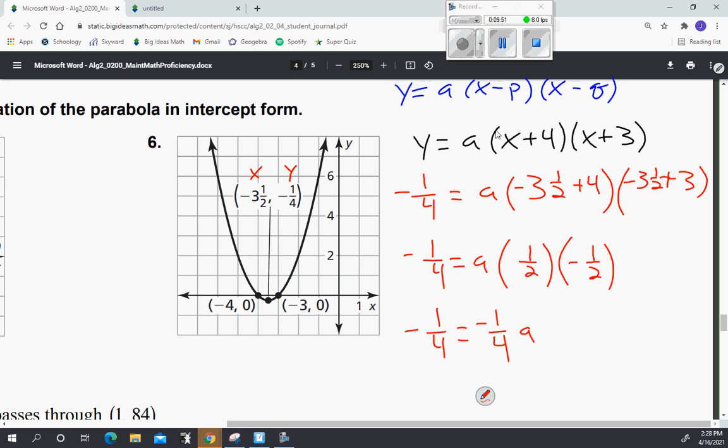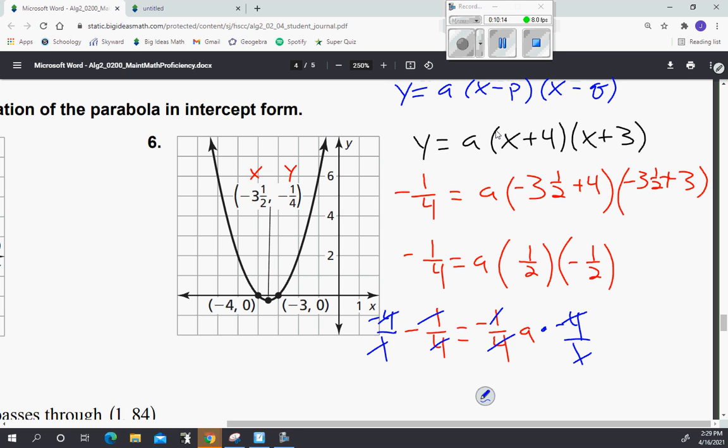Now, how do I solve for a? I'm going to multiply by the reciprocal, -4 over 1, or just -4. What happens? The 4's cancel out, the 1's cancel out, the negatives cancel out, everything cancels out, so we're just left with 1.